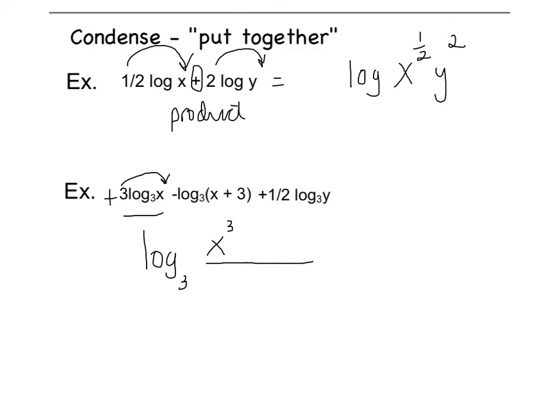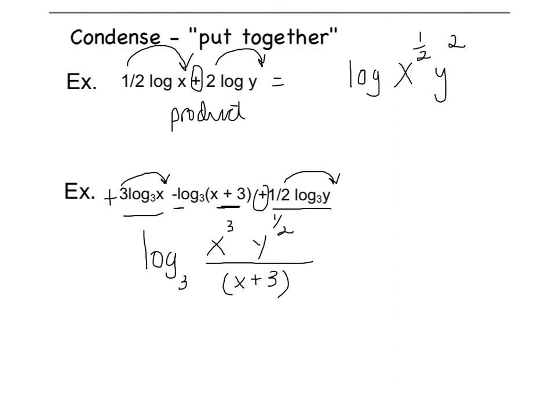Here, this one has a minus out in front. So this is going to go in the denominator. That whole argument. And then the 3rd term here is also the power rule, but it has a plus in front of it. That means numerator. So I'm going to do y to the 1/2. And that's what that is, all put back together again, condensed into 1 log.